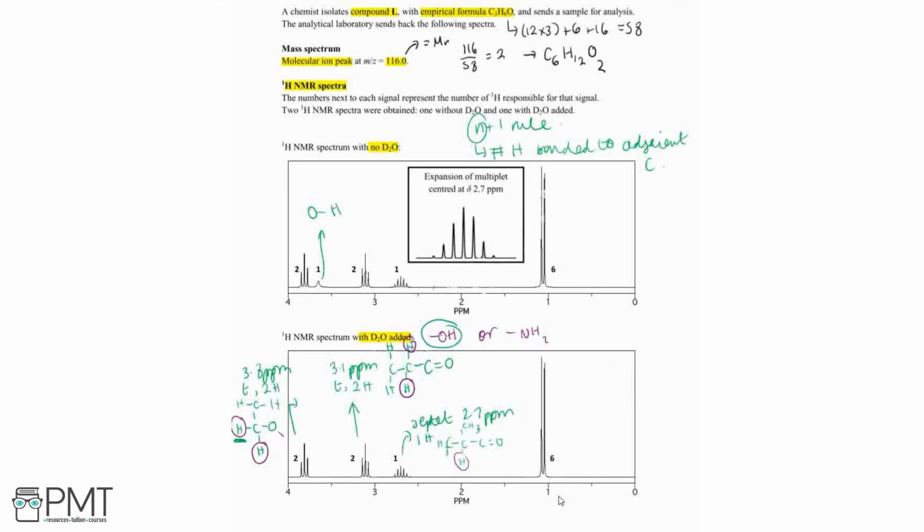So looking at our last peak now, we've got a doublet representing 6 hydrogens at a ppm value of around about 1.1 or 1 ppm there. So we've got that doublet representing 6 hydrogens. And if we have a look on this structure here, which we just drew out, that must be from these hydrogens here.